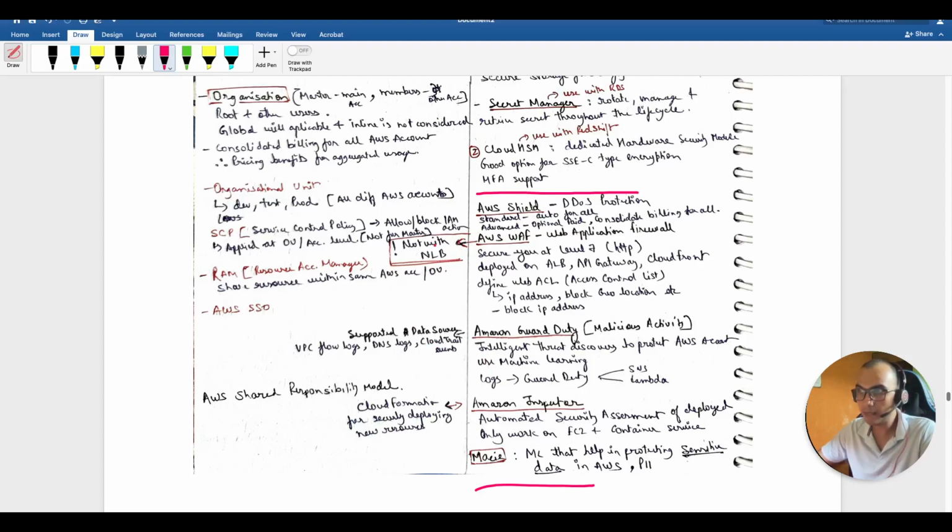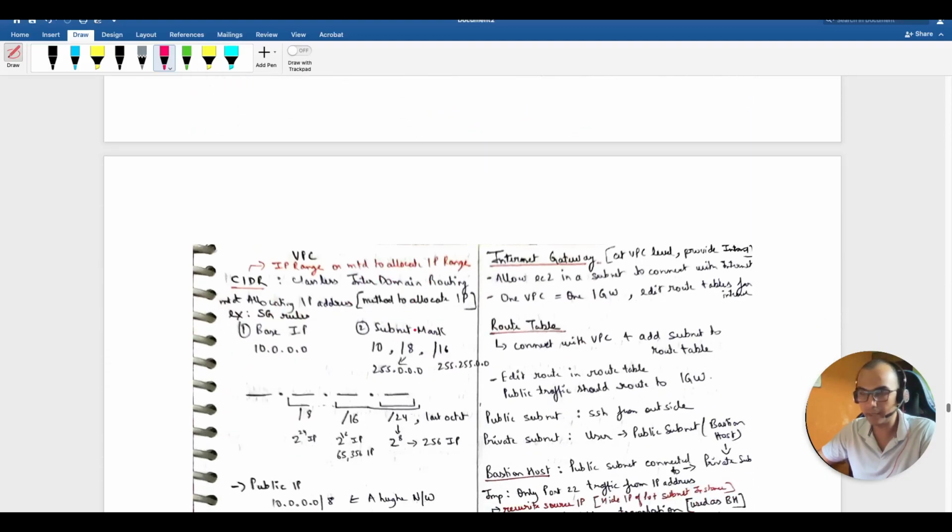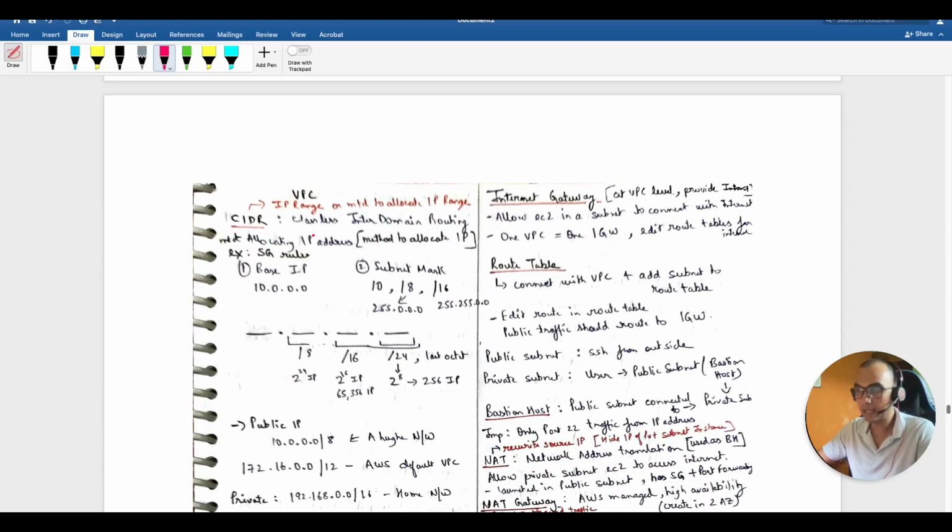Here I have noted that not with NLB, so you cannot use Web Application Firewall with a Network Load Balancer, and these small things you will understand after attempting the mock tests. Now the last or second last part of our syllabus, and it is very important: virtual private cloud, VPC.